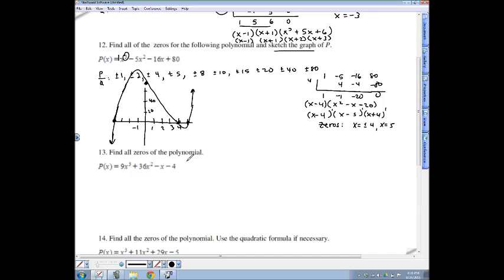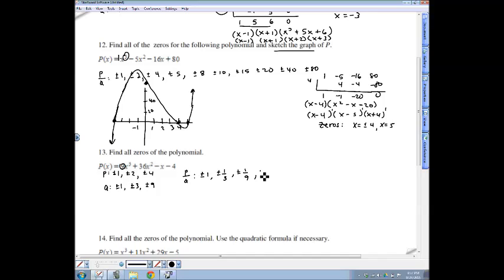Okay, question 13, find the zeros. This one, values of p are plus or minus 1, 2, and 4, but now the values of q are a little different. We have a leading coefficient of 9, so it's plus or minus 1, 3, and 9. So the values of p over q, you've got to divide all the values of p by all the values of q. So 1 over 1 is 1, 1 over 3 is 1/3, and 1 over 9 is 1/9.